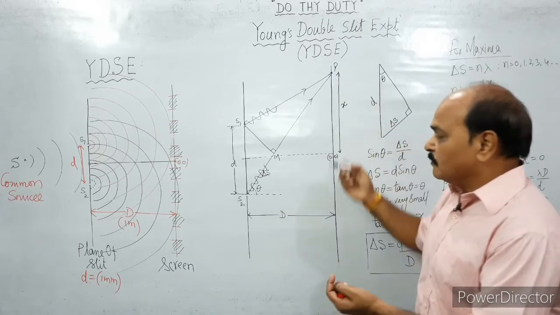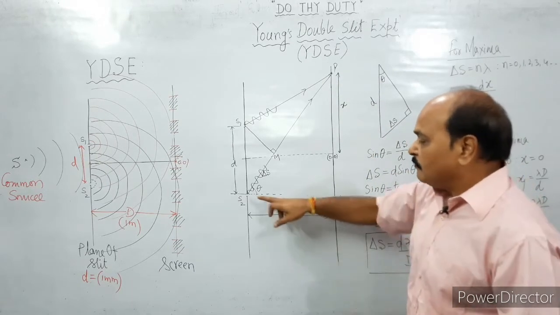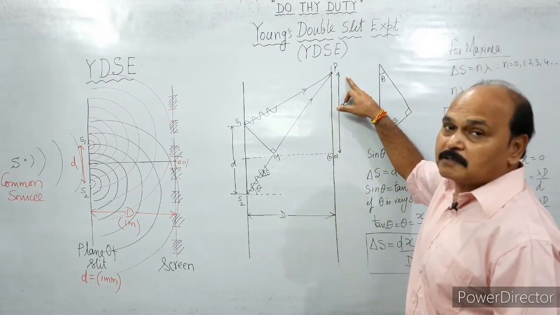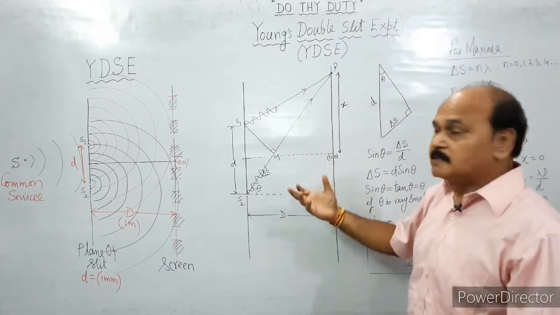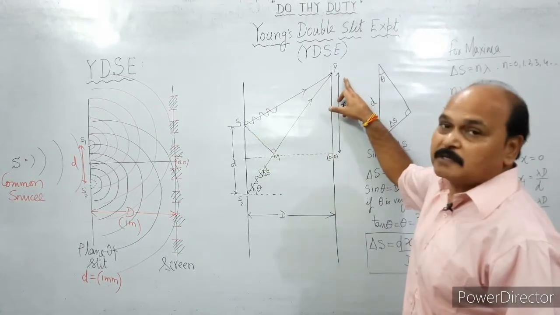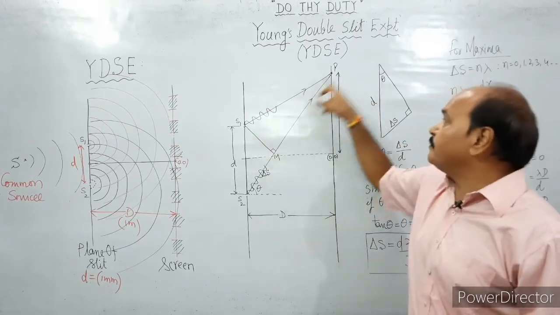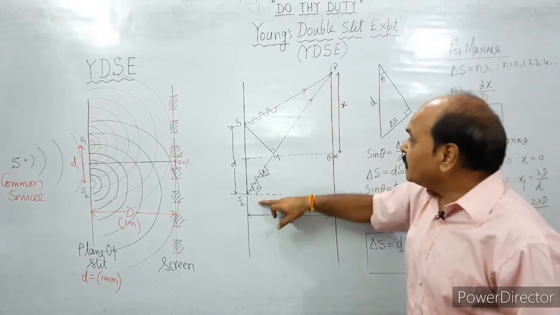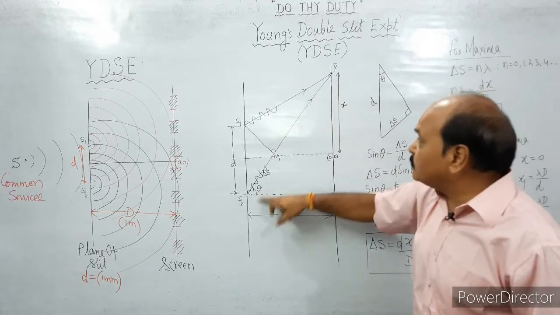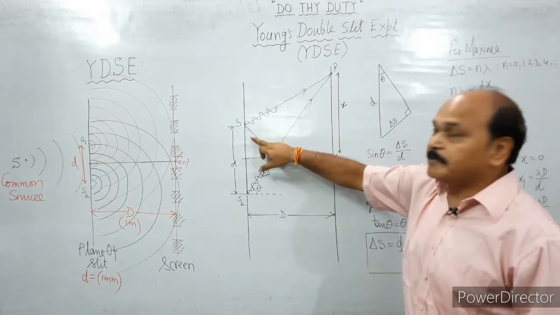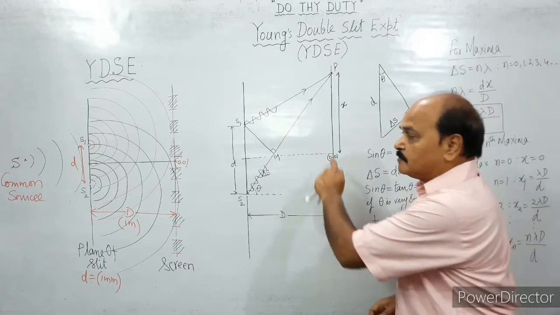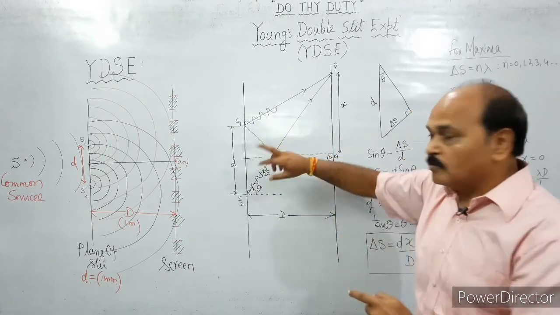Now you can very clearly see that the wave traveling along this path and reaching here travels a greater distance as compared to the wave coming from S1 to reach this point. So this distance S1P is less than S2P. By how much is S2P greater than S1P? That distance is the path difference between the two waves. Both the sources are coherent sources.